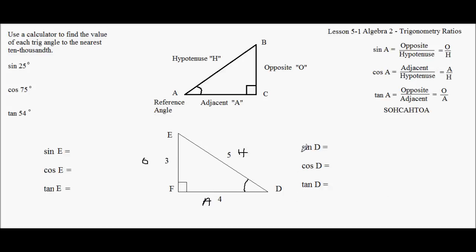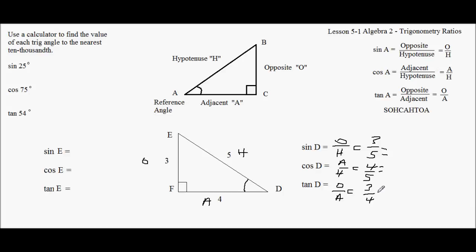With respect to D, the sine is the opposite over the hypotenuse, which is 3 over 5. The cosine is the adjacent over the hypotenuse, which is 4 over 5. And the tangent is opposite over adjacent, which is 3 over 4.